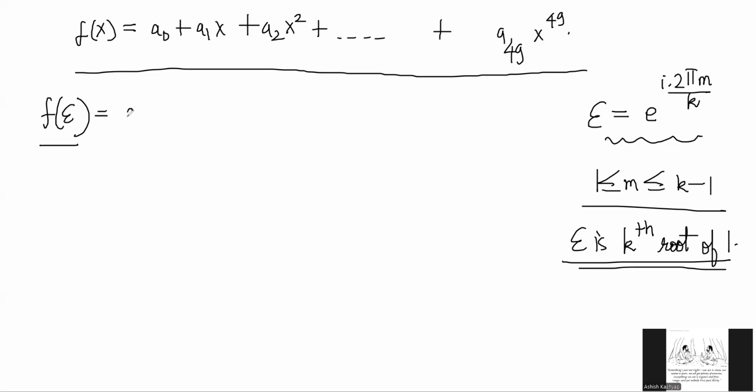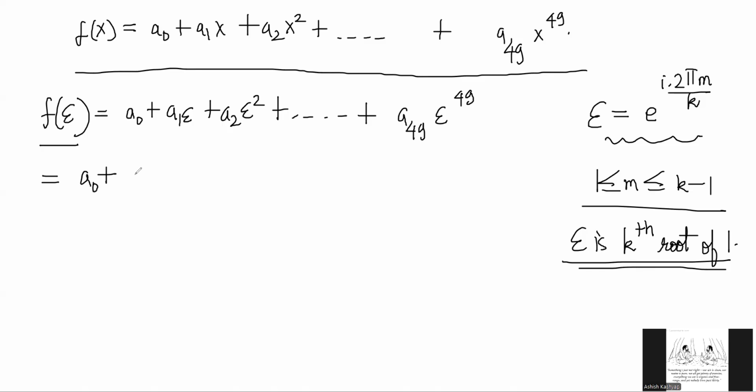And f of epsilon would be a0 plus a1 epsilon plus a2 epsilon square and so on till a49 epsilon power 49. But now I can group these together and I will only take a0 plus ak, which would have been epsilon power k, by the way, plus a2k, which is epsilon power 2k.